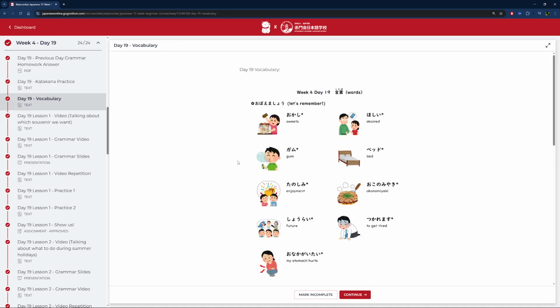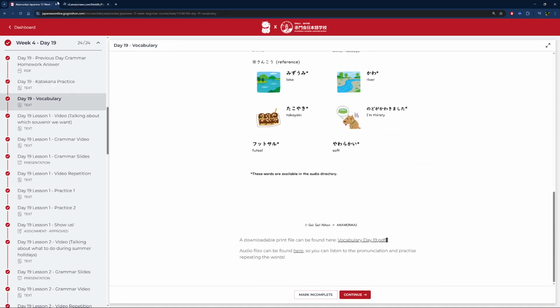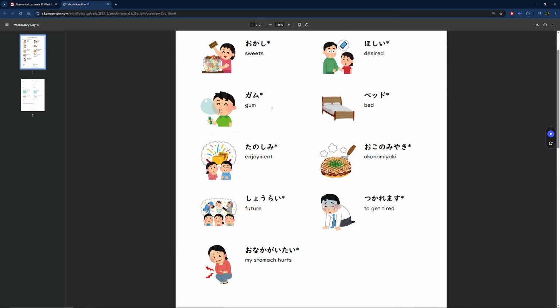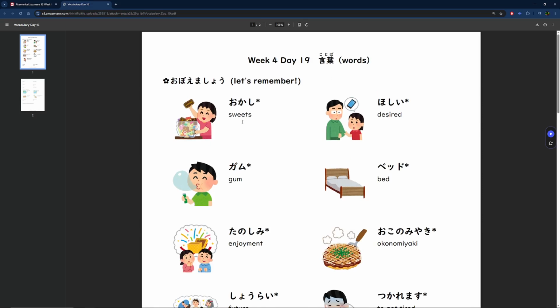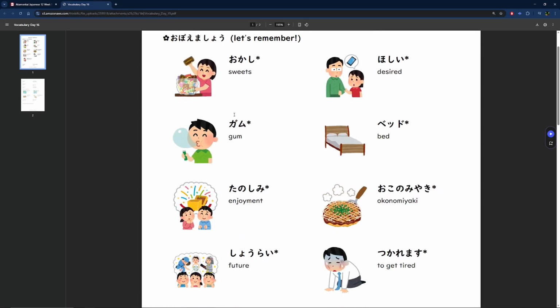All right. Moving along. Day 19 vocab. Let's see what she's packing out there. We've got sweets, okashi. Oshi. Yeah, there. One day I'll die and everyone will cry. Everyone will feel so bad. Gumu, One Piece fans, you know, like Gumu Gumu. Bedo, that's a bed.